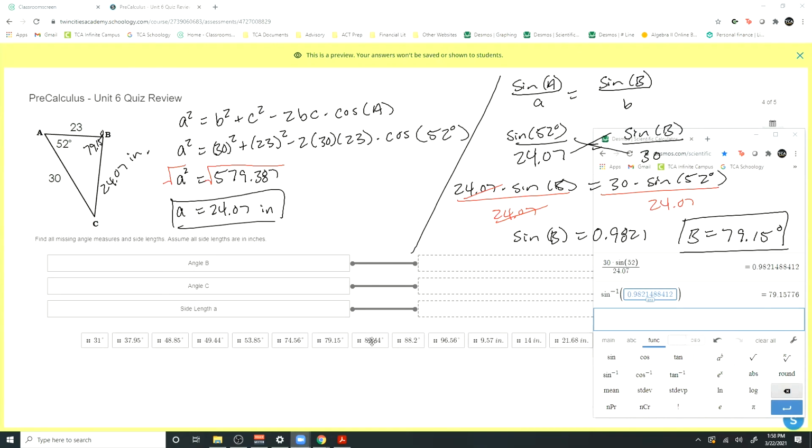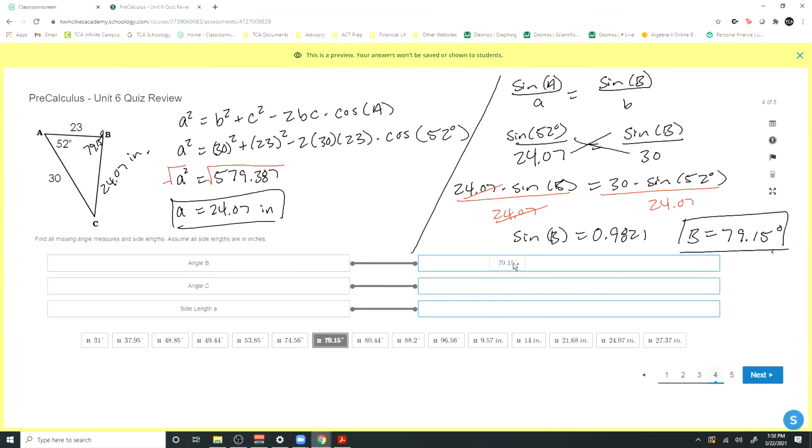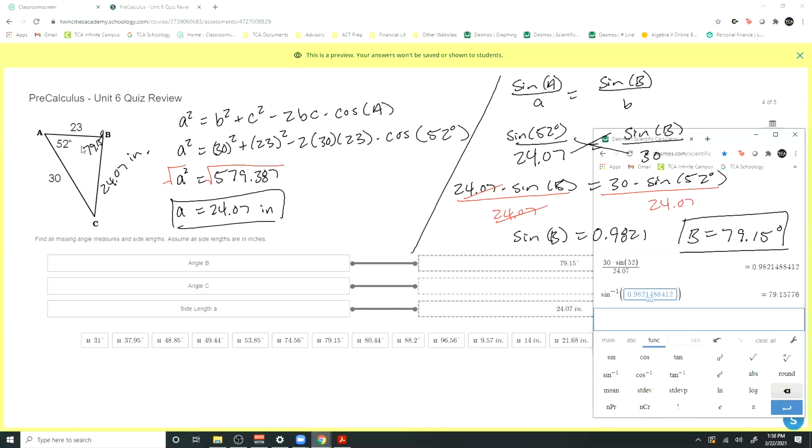All right, so I'll select that and I'll bring that up right there. Here we said side length A is 24.07, so we can put that in there as well. And then angle C, this is going to be 180 minus the two angles that we now know. So 180 minus 52 minus 79.15.